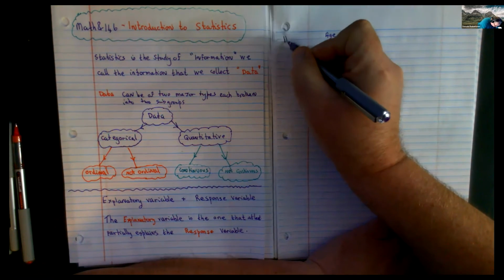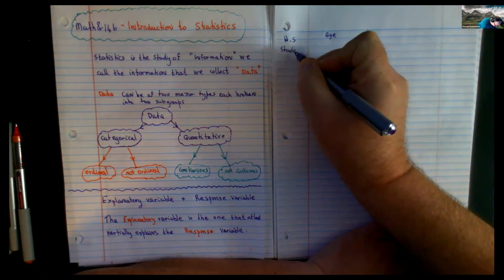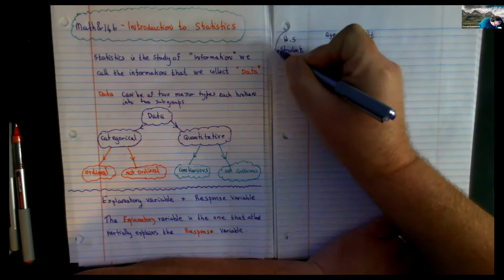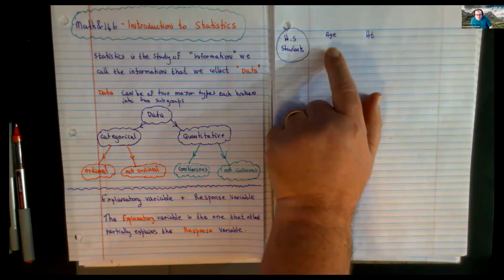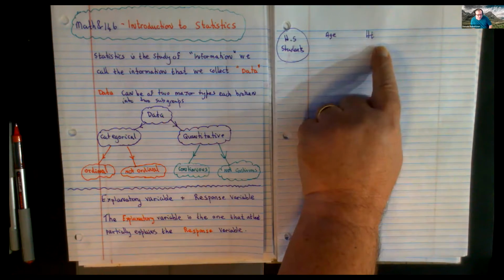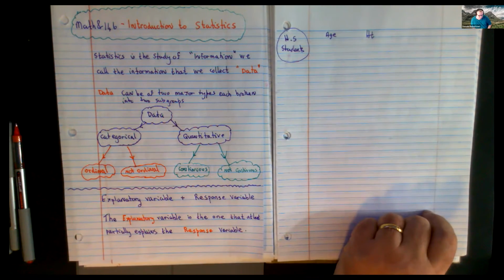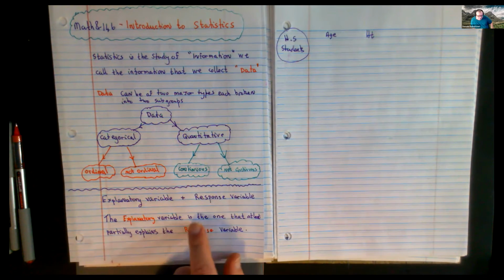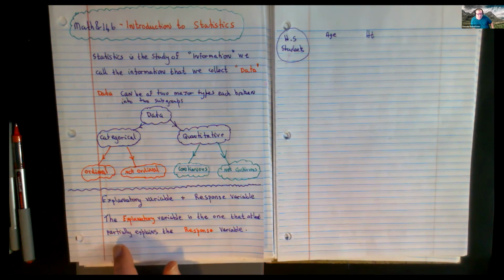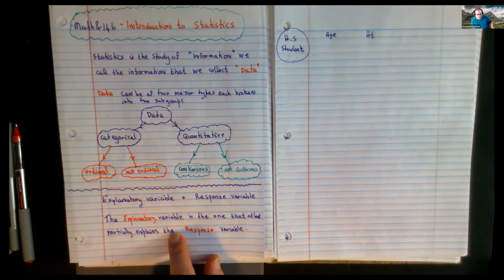One of these two variables is called the explanatory variable, and the other is the response. Let's pretend that this data was from high school students. Either age or height will be the explanatory variable, and the other one will be the response. The explanatory variable is the one that at least partially explains the response variable.